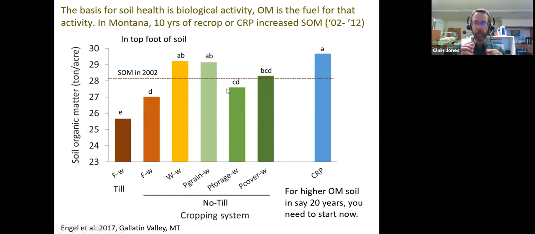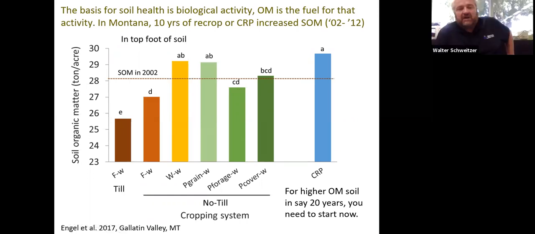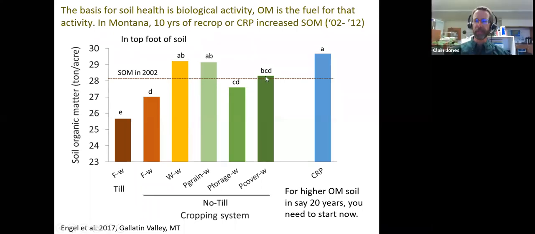We're only pulling off the grain here, but we're leaving leaves, shoot, pods, everything else behind on the ground. Where pea forage, we're basically haying it pretty close to the ground. And the pea cover, you're leaving everything there. Yeah, that one I was surprised too. It's like that's leaving quite a bit, but that's what's called low C to N material.